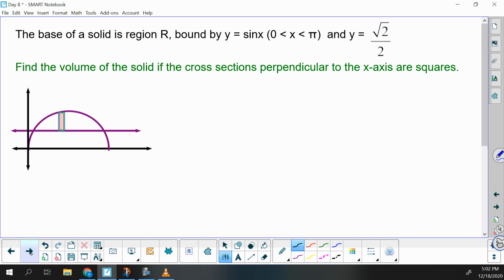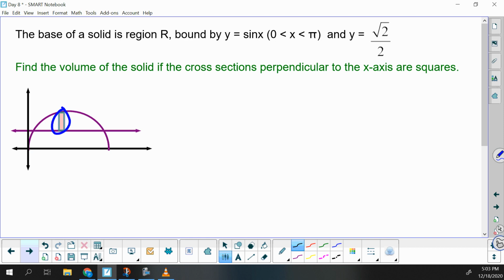All right, so a new one now. So we've got the graph of sine x there, kind of roughly drawn, and then we have y equals square root of 2 over 2. And we're going to take cross sections that are perpendicular to the x-axis, and we want them to be squares. Well, square is side times side, so whatever this is, we're just going to have that squared for our square.